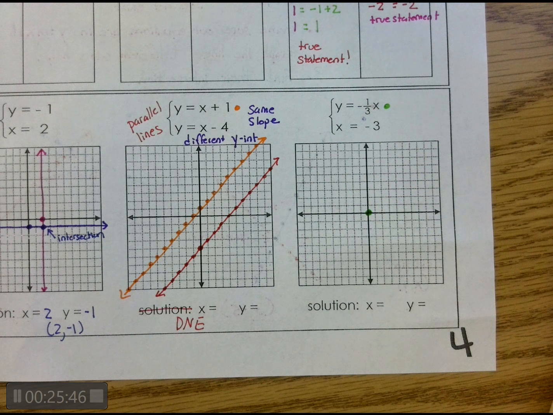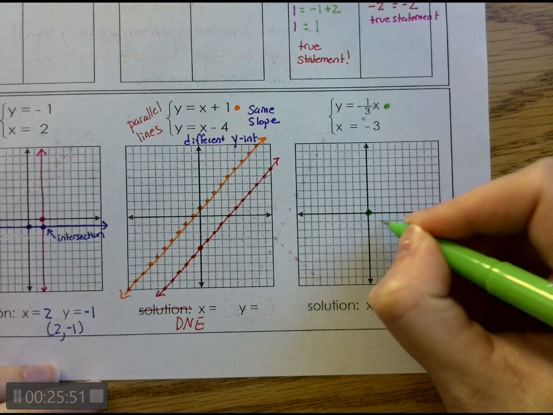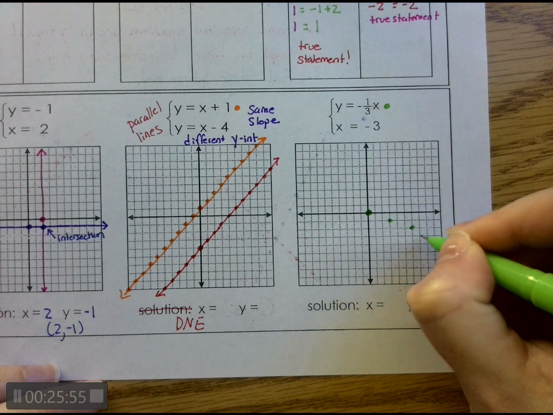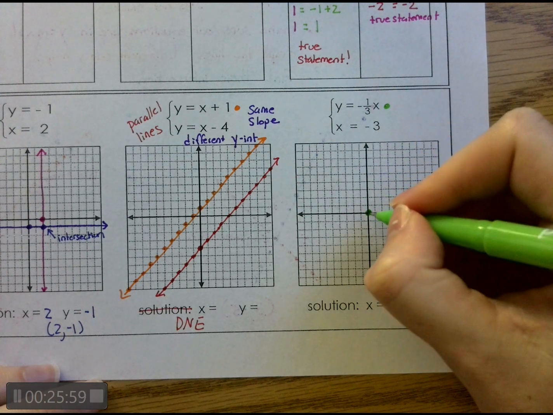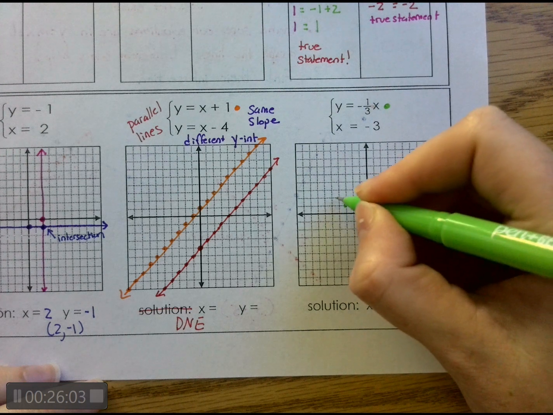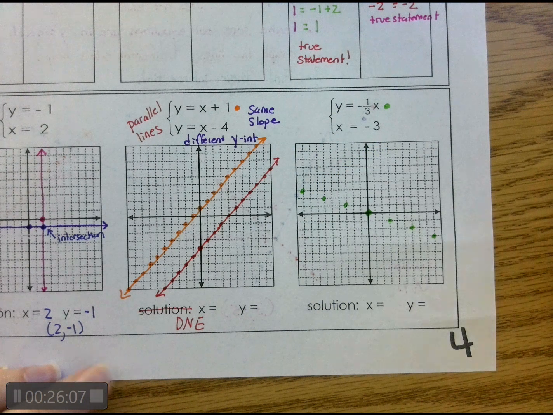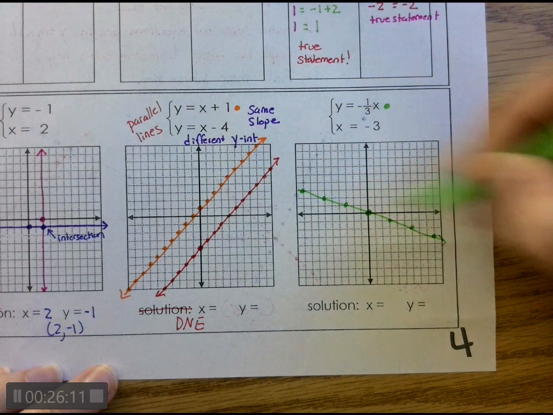And our slope is negative 1/3 x, so down 1 to the right 3. And then up 1 to the left 3. And as always, connect our dots.